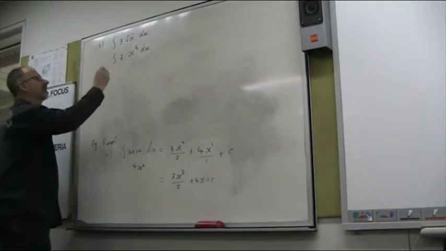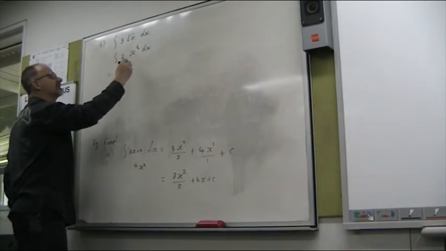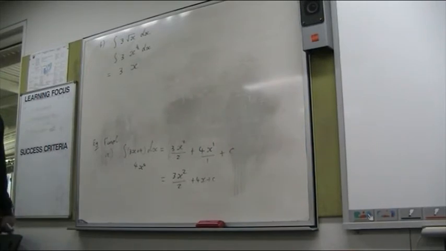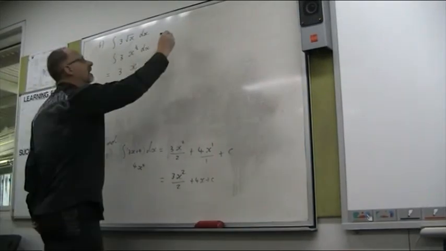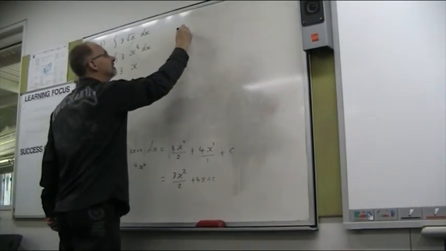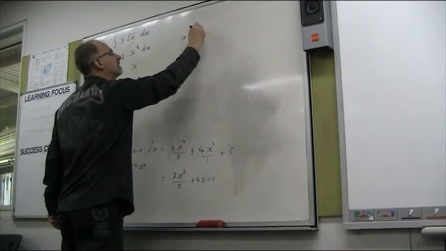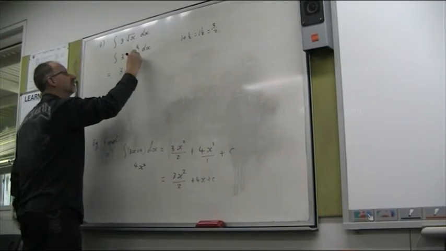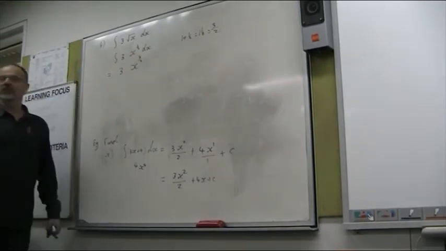Okay, so following the same thought process, increase the power by 1. Half plus 1 is 1.5, which is 3 over 2. Then what do we need to do?